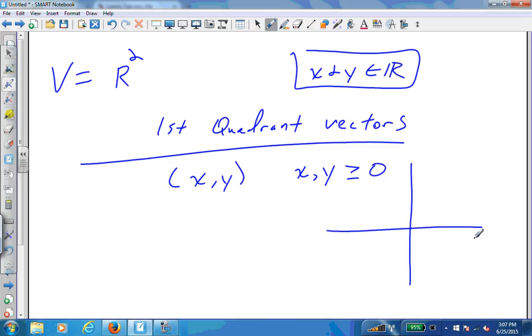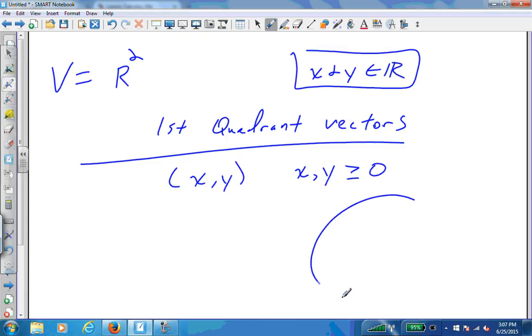If you think about quadrant 1, 2, 3, 4, if we're in the first quadrant, then the x and y components are both positive. But notice this is not a vector space. It's a subset of R2.